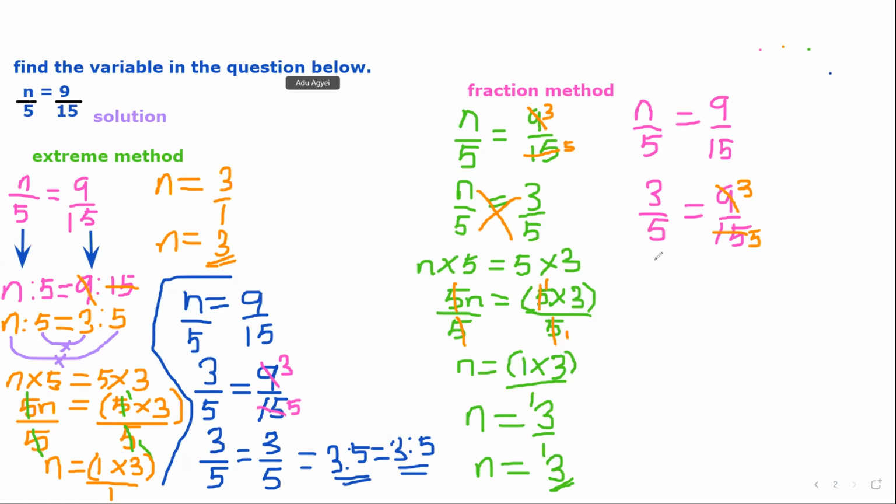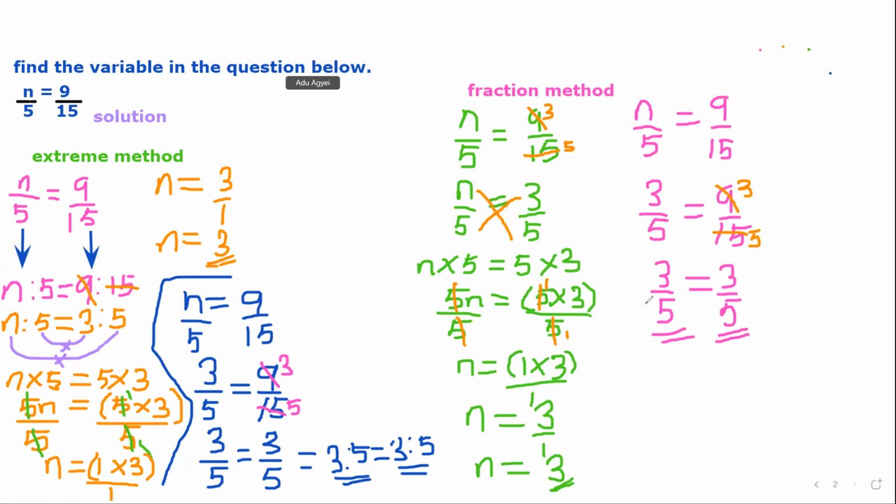Now our fractions here, 3 over 5 is now equal to 3 over 5 here. Okay, good. Now the two fractions here are the same.